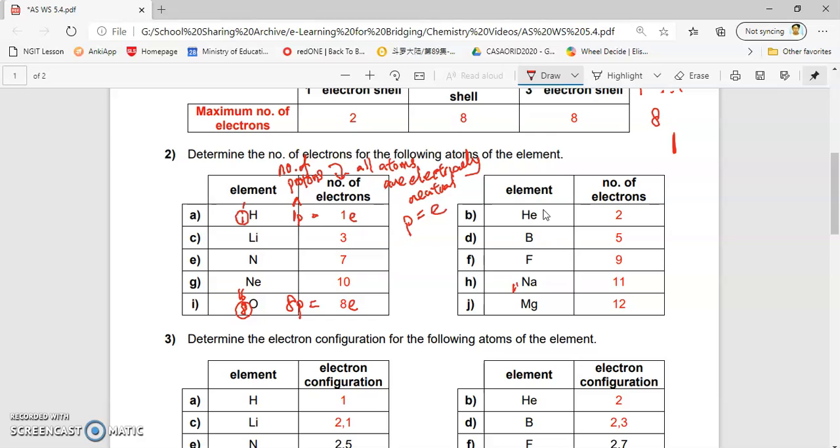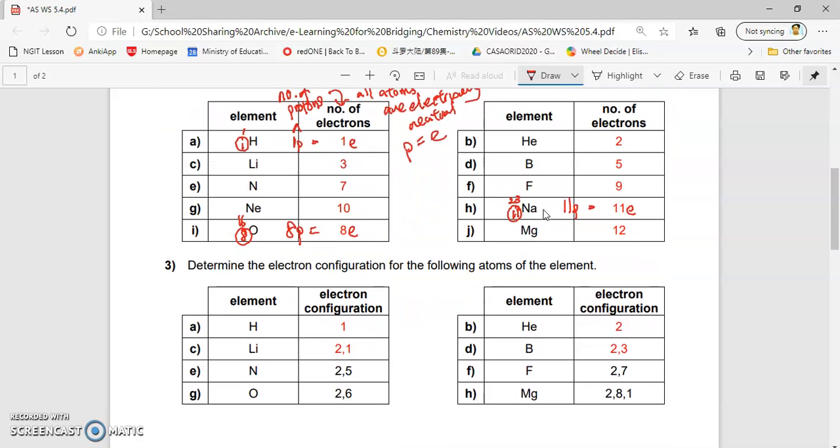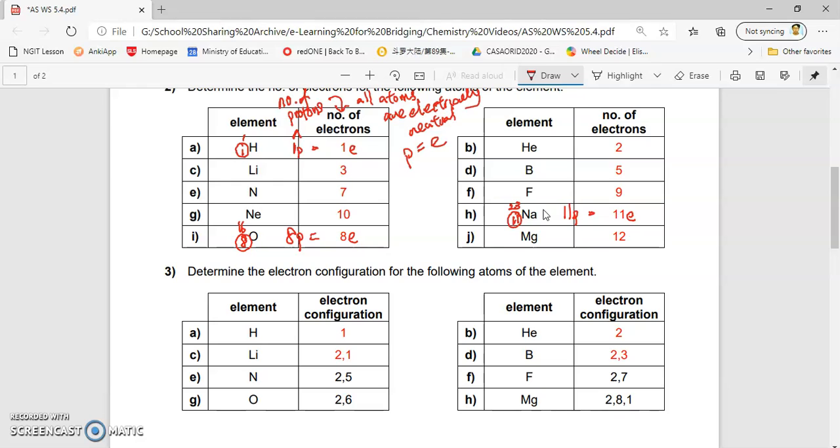One more: sodium, 11, 23. It has 11 protons, hence it must have 11 electrons. So that's how you can find the total number of electrons. Now, why must you know the number of electrons? Only when you know the number of electrons can you find out the electronic configuration.